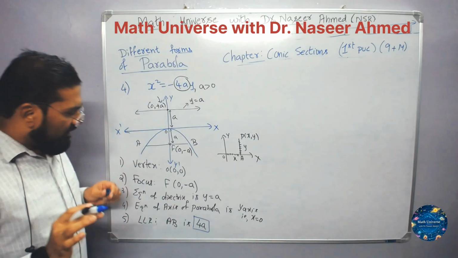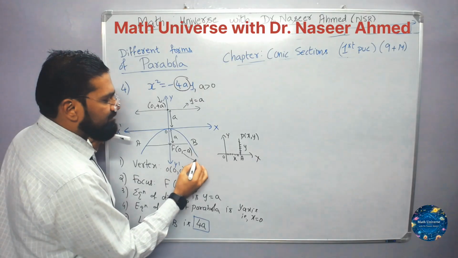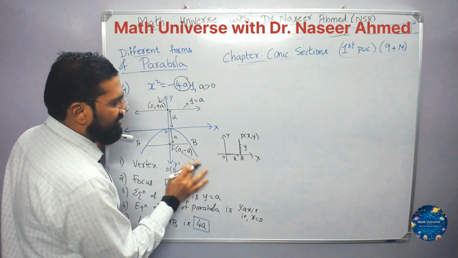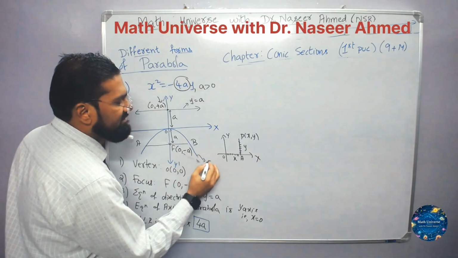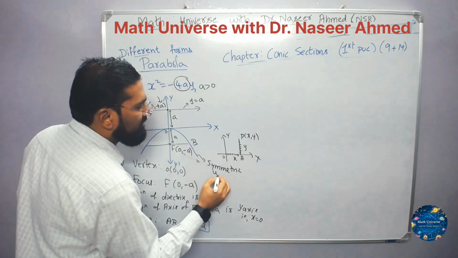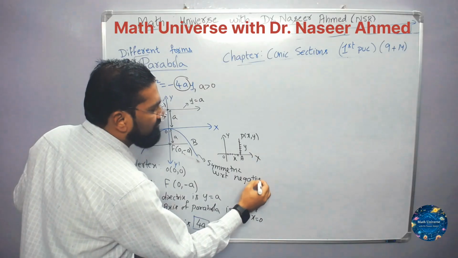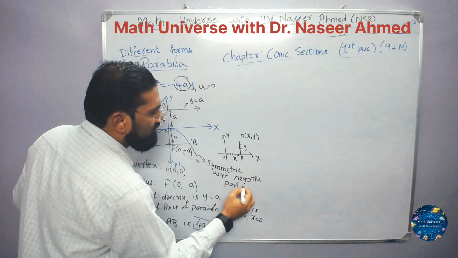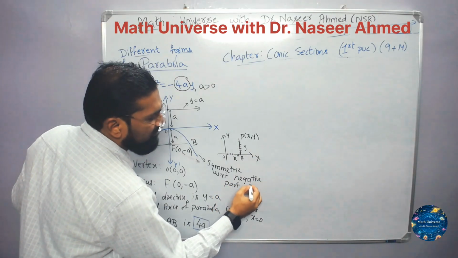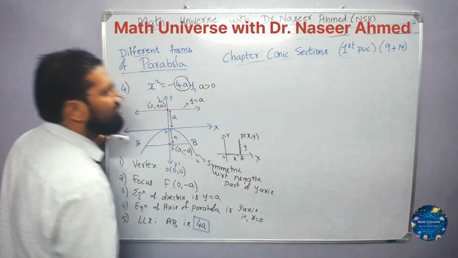So we have finished all the different forms. For this parabola, I can say that it is symmetric with respect to the negative part of the y-axis, to be more specific.